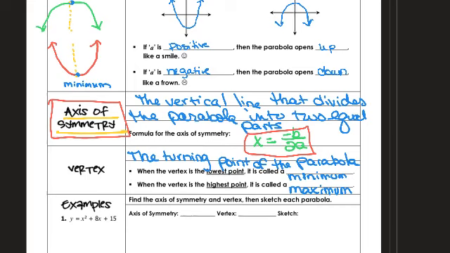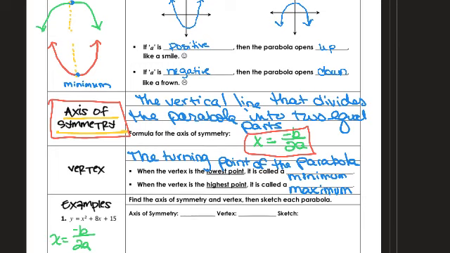Find the axis of symmetry and the vertex, then sketch each parabola. So we said that the axis of symmetry is the line, the x value. Well, we don't know what x is. We have to calculate it. So we're going to use our axis of symmetry formula, x equals negative b over 2a.